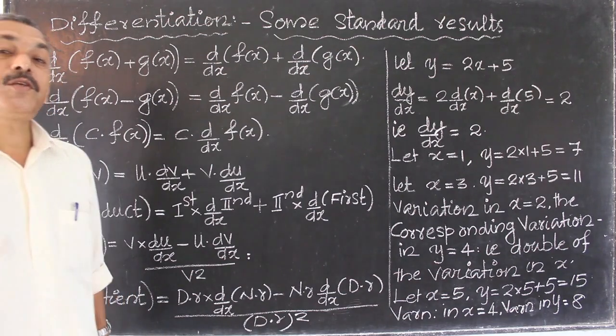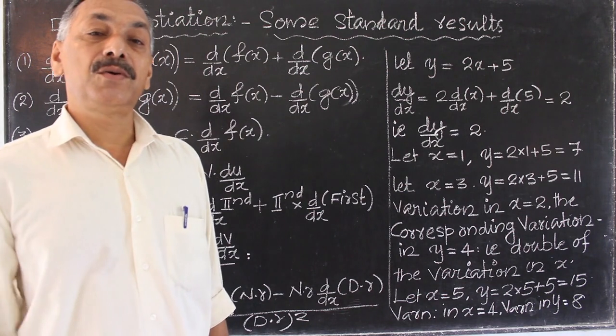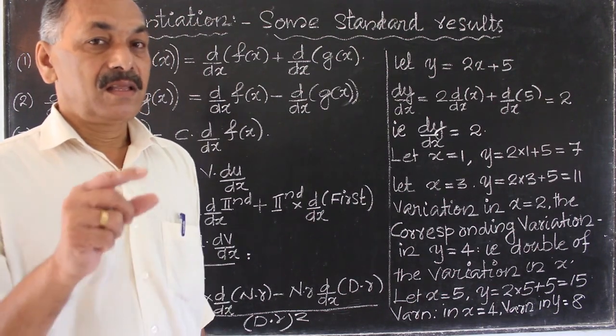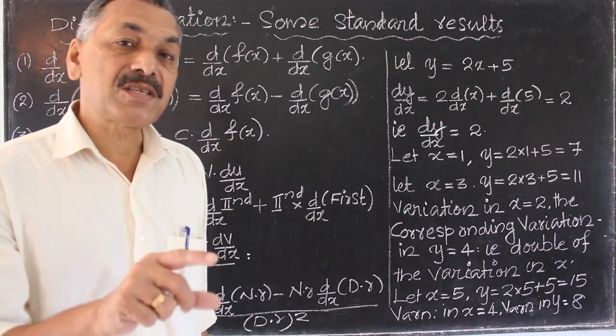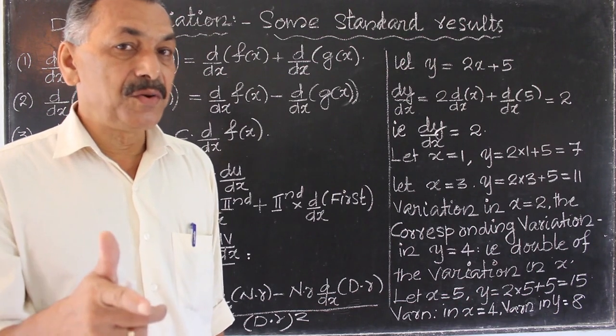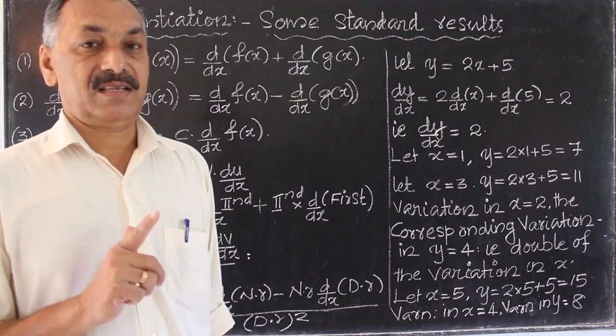Next, for three functions, derivative of u into v into w, where u of x, v of x, w of x. Derivative of first into second and third, plus derivative of second into first and third, plus derivative of third into first and second.